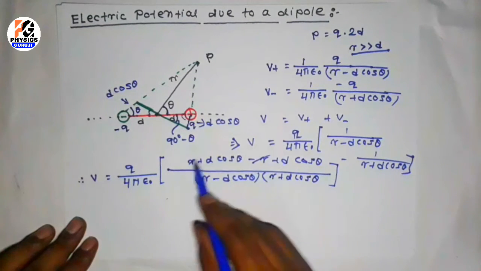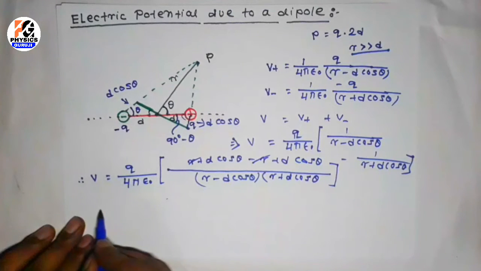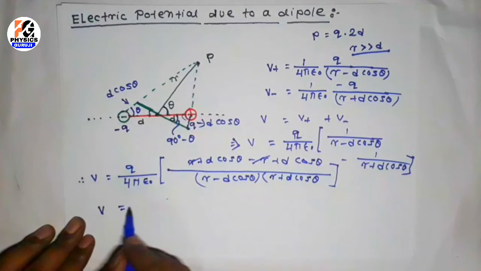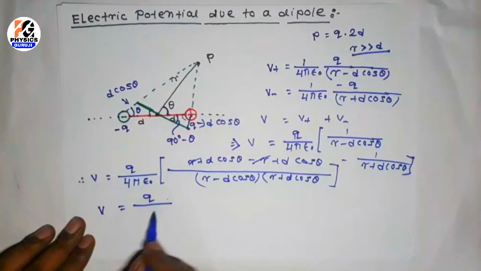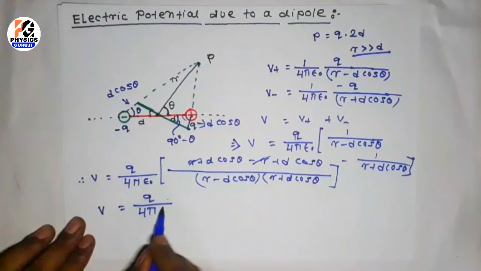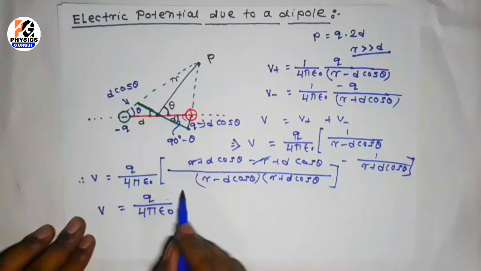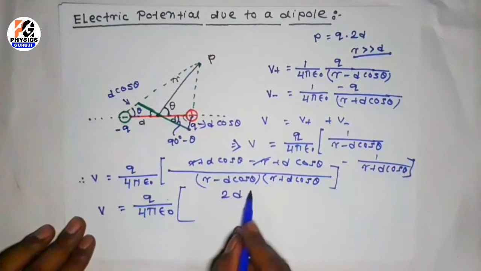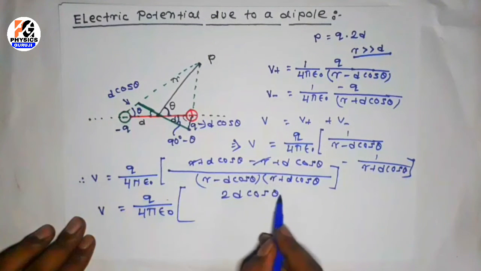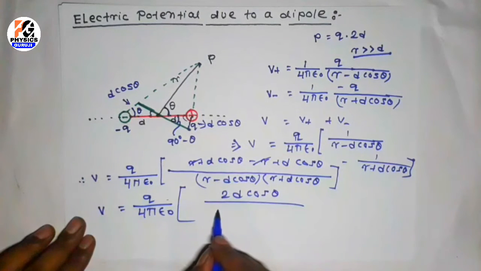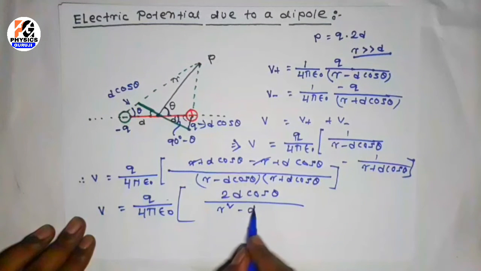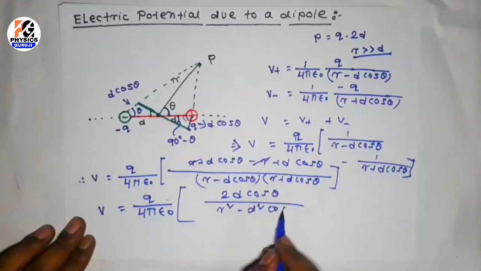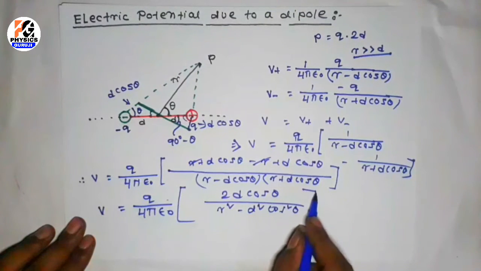And r and minus r will be cancelled, so V becomes q by 4 pi epsilon 0 into 2d cos theta by r square minus d square cos square theta.